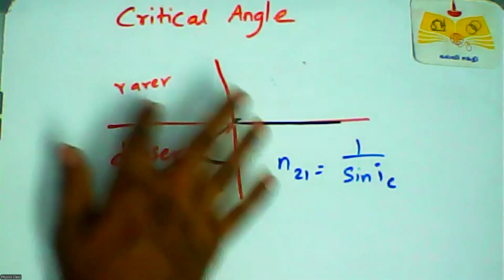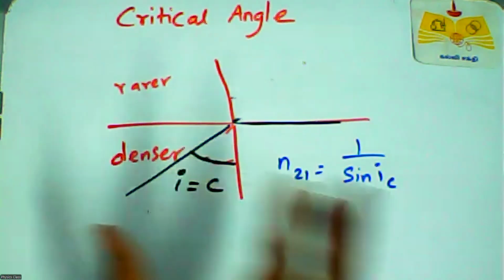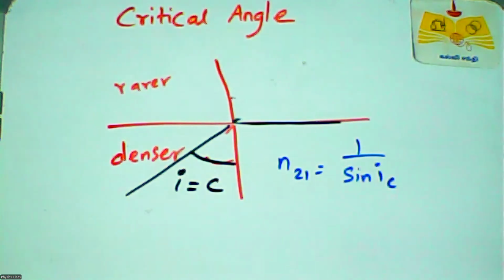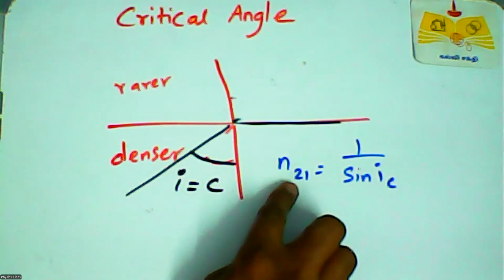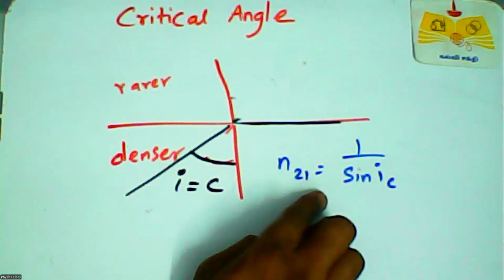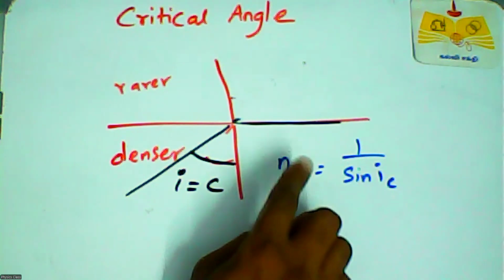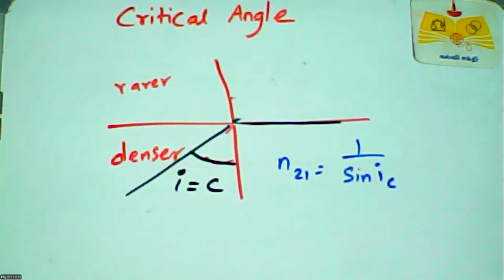We already know that for air the refractive index is 1, and for the denser medium there will be some refractive index. So n21 means the second medium with respect to the first medium, the denser medium with respect to the rarer medium. n means refractive index, 1 by sin ic. This is the formula for critical angle. Clear?